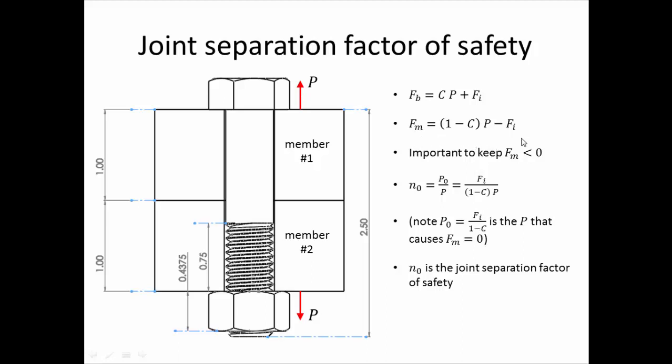So it's really just Fi divided by (1 minus C). When you take Fi divided by (1 minus C) and then divide that by the actual P that's applied, that is a really good estimation of the factor of safety. That's saying how close you are to ripping this apart or getting the members to separate.